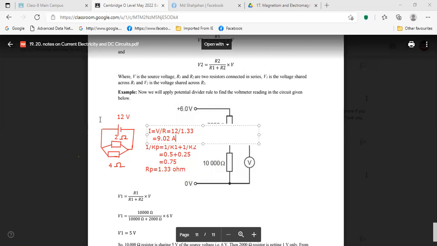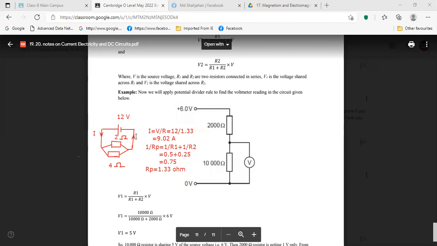Now, this current, 9.02, will be here, okay? And here. Got it? I is here, 9.02.